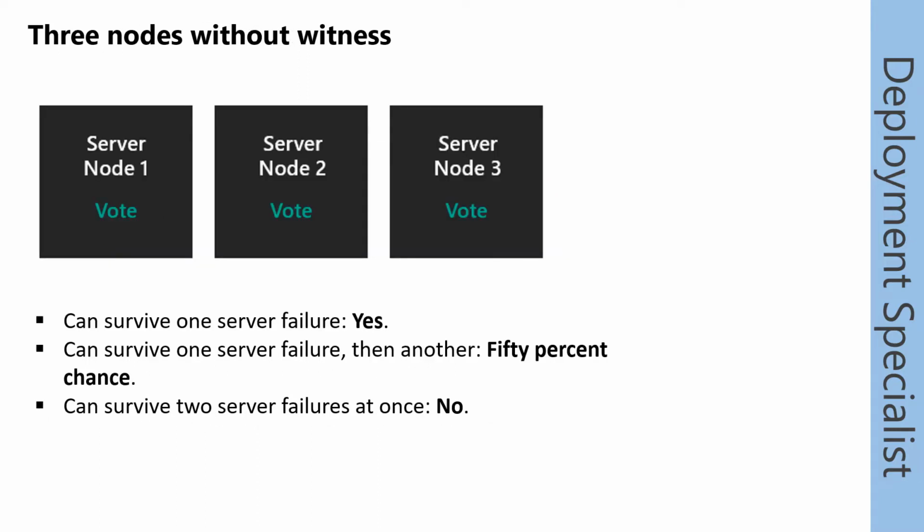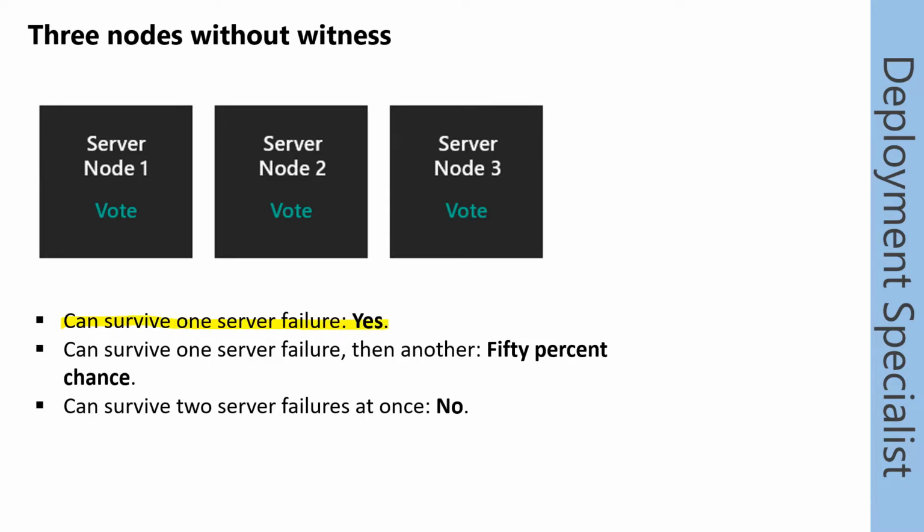I often hear in a 3-node cluster, I don't need a witness because if a node fails, we still have 2 votes from 3. This is the quorum and everything is fine. Yes, but when we have 2 servers that fail, for example, we have first the server 1 that fails.